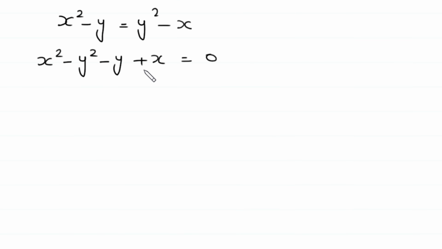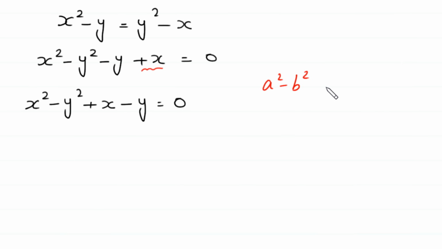Next we change the position of this plus x. We write this plus x first and then this negative y. x squared minus y squared, and we write this plus x first, plus x, and this minus y is equal to 0. Now according to the algebraic identity, a squared minus b squared is equal to a plus b times a minus b.